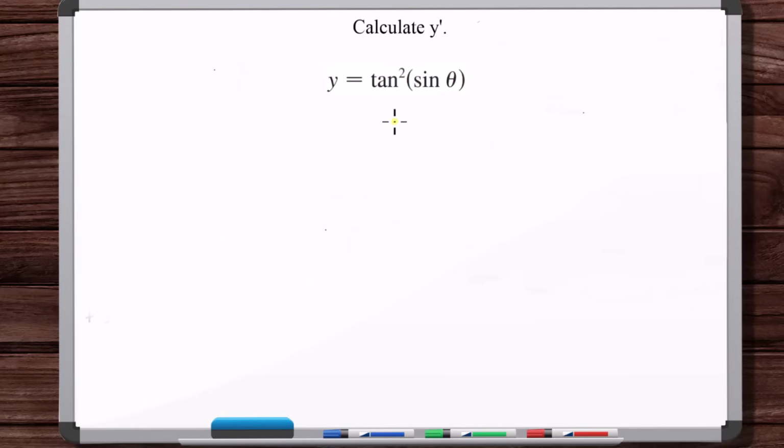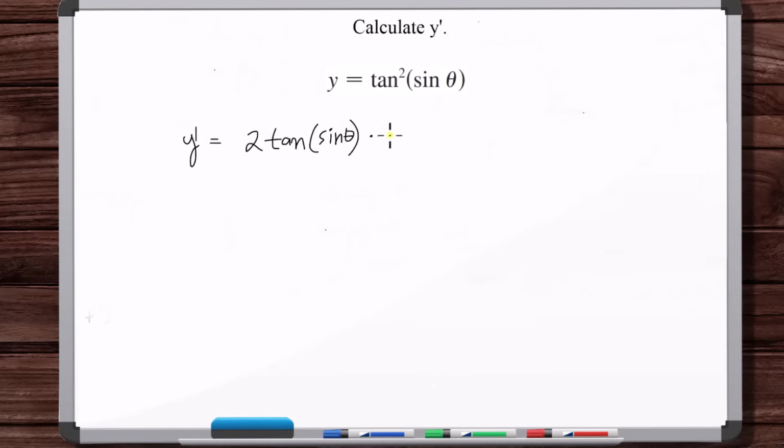Okay, chain rule. What is the outermost function here? We've got some function of theta squared because this is tangent sine theta squared. So what is the derivative of something squared? We use the power rule. So 2 times that something times the derivative of that something. Chain rule again. What is the derivative of tangent sine theta? Well, we have the tangent of something.